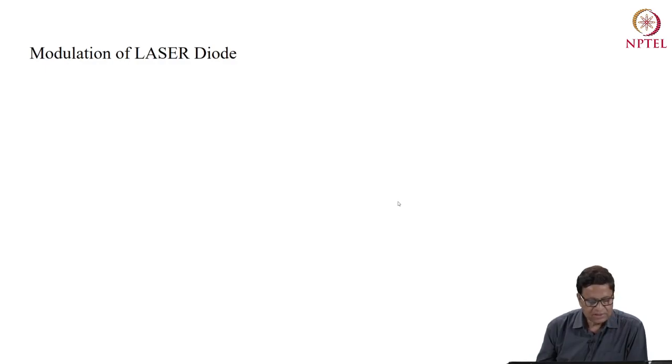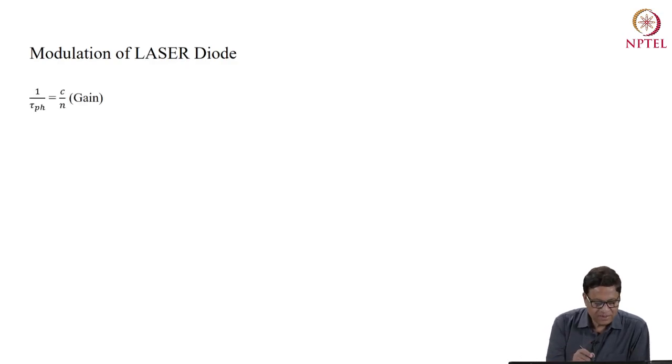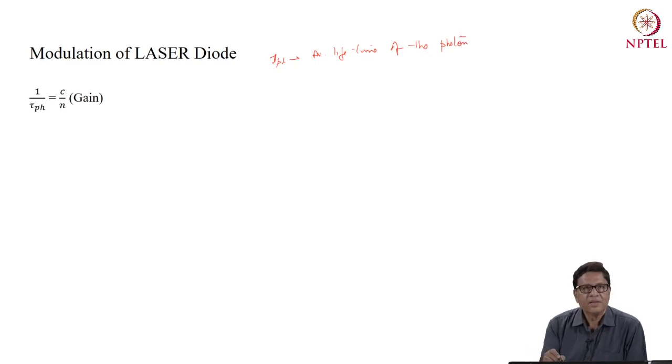Now let us understand the modulation of the laser diode. The modulation of the laser diode is defined as follows: 1 by τph, where τph is the average lifetime of the photon, either it comes out of the device or it gets absorbed.